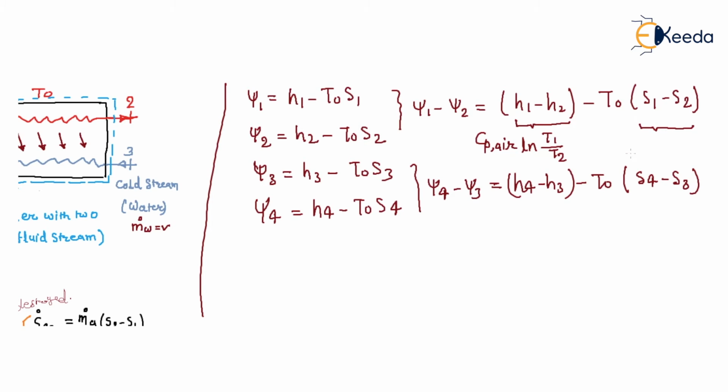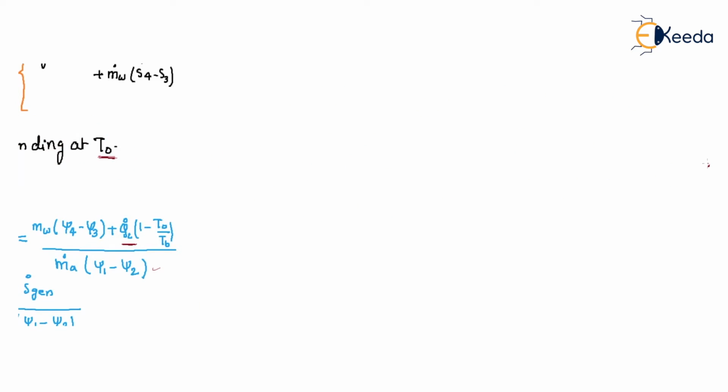And what is the ideal gas? This is your Cp of air ln T1 by T2 minus R ln P2 by P1, right?